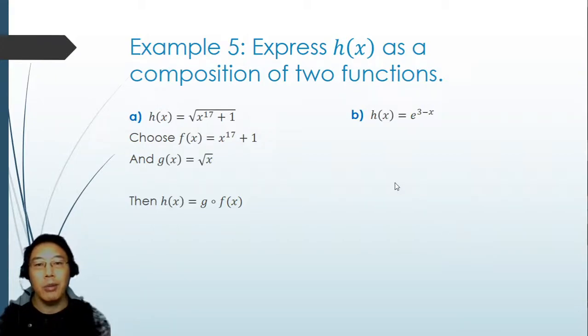Alright, so some of the application, how to express h of x as a composition of two functions. So you have this writing, the first function f of x is inside the square root, that's that polynomial. The second function is your square root, so h of x is g of f of x. You can do the same over here.